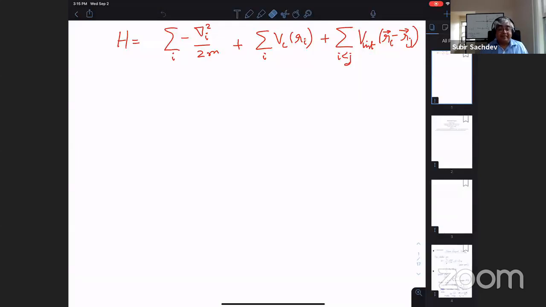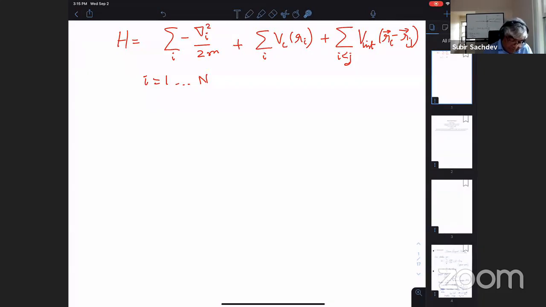Okay, so here's the general class of problems we might be interested in. You have a bunch of particles, typically N particles. i goes from 1 through N. And these have some kinetic energy, which is here.